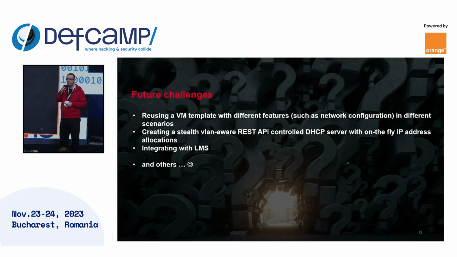It sits in memory, it allocates responses to DHCP clients on the fly, it's REST API controllable, it can create BOOTP and all sorts of DHCP options for clients, and we can integrate it in our framework to spawn virtual machines with whatever network configuration we want. And also, obviously, integrating with LMS and others.